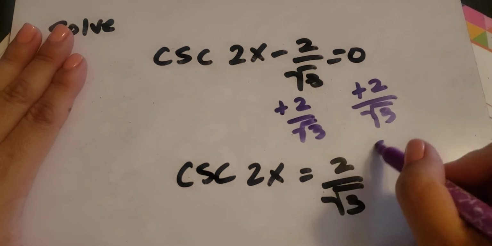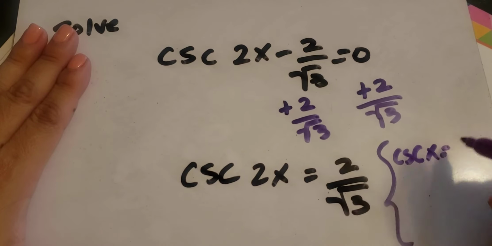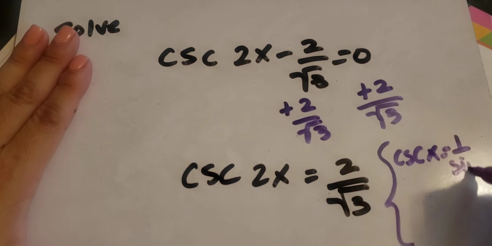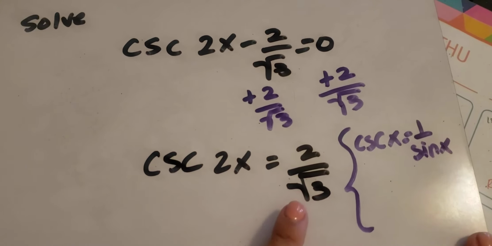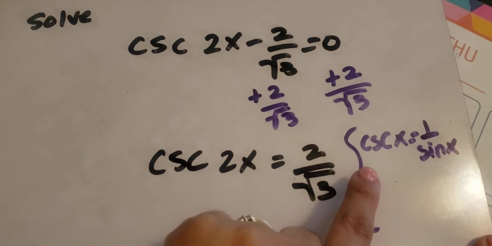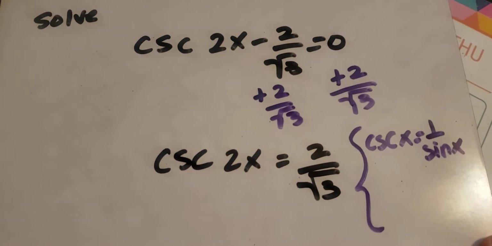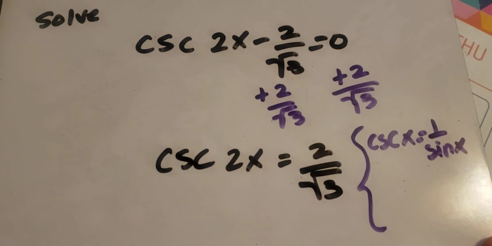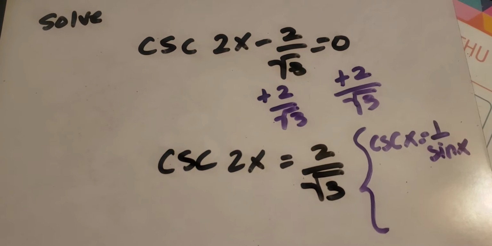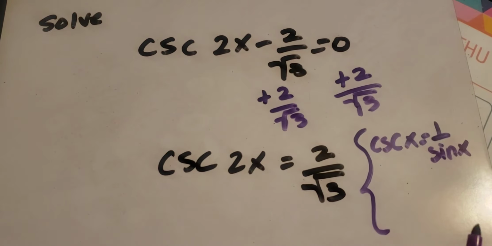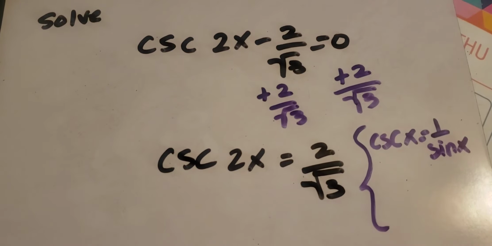So cosecant, this is just a side note, okay? Cosecant of x is the reciprocal of sine of x. So just remember that. The reciprocal of cosecant is sine of x, or 1 over sine of x. So in this case, let me show you.